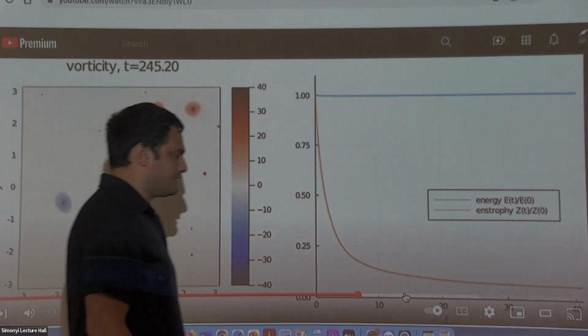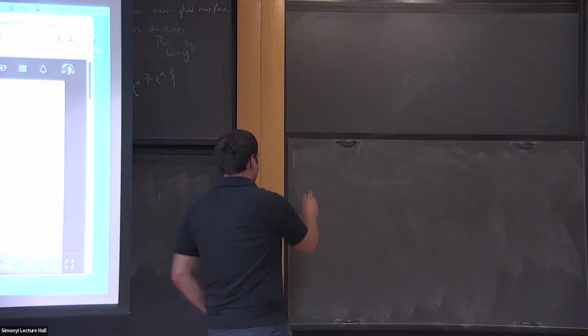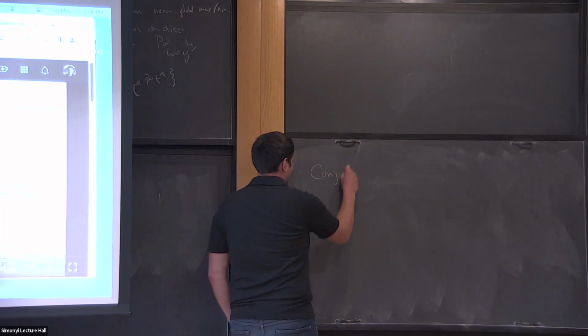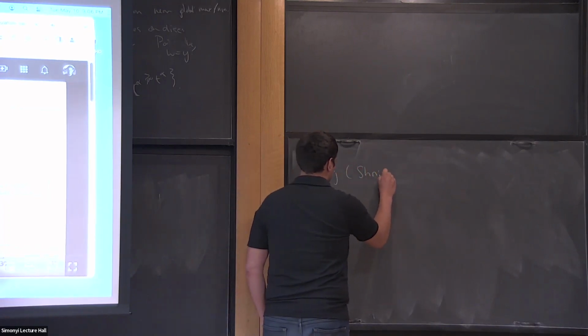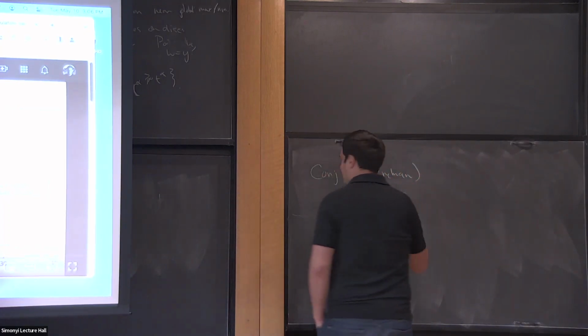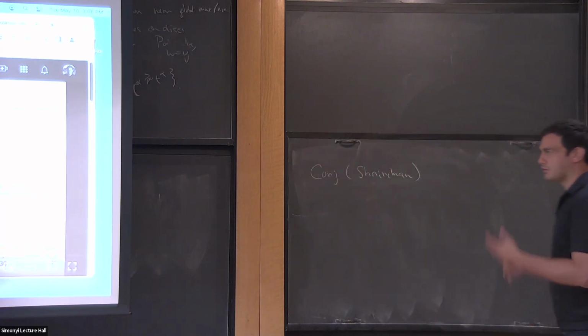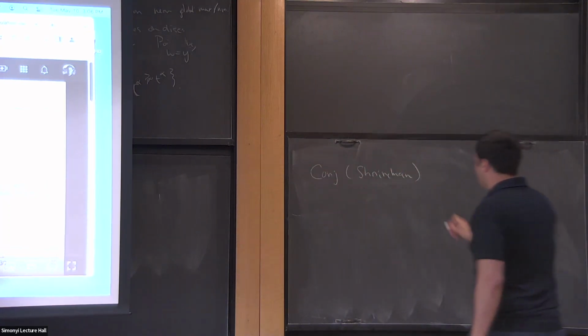So what defines this? There's a conjecture by Shnirelman about the structure of these end states, or about a characterization of these end states.